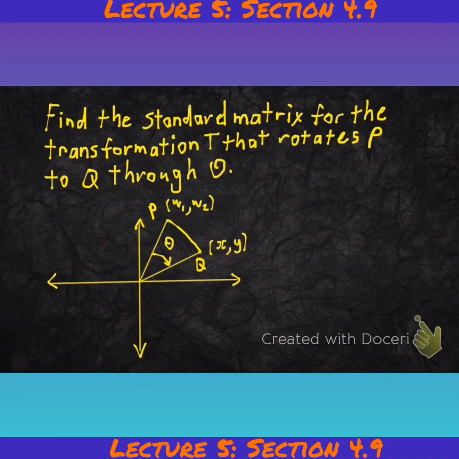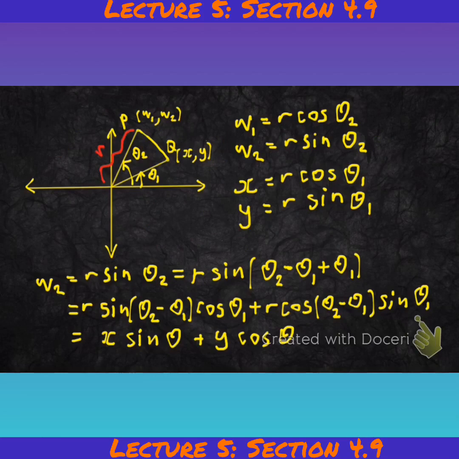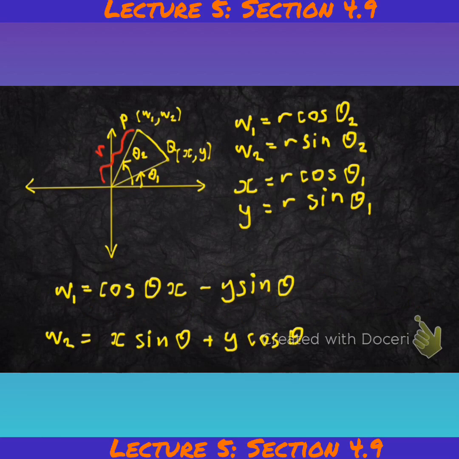Recall that that is what the angle theta is. So there we go, the expression for W2. So putting all of that together, we get, so there we have the two expressions.